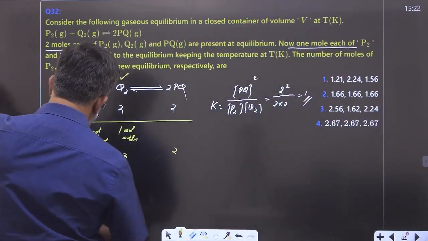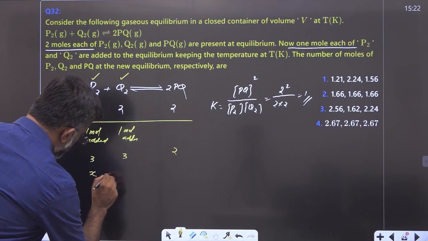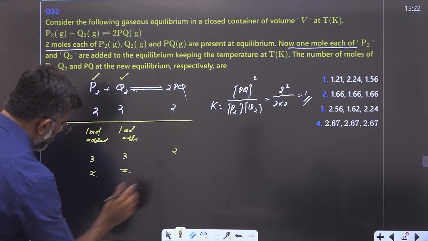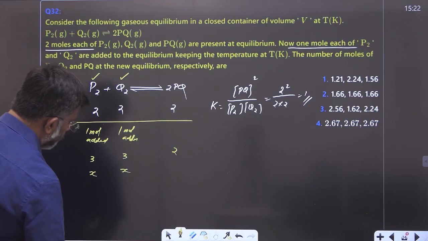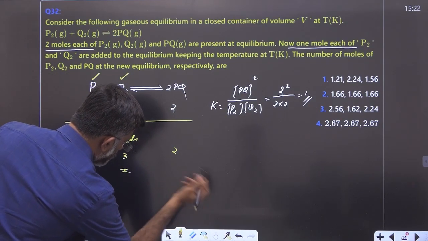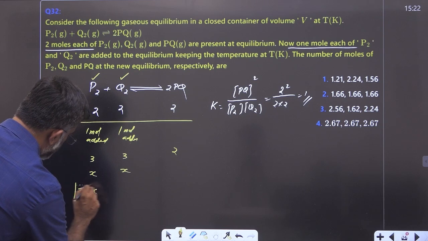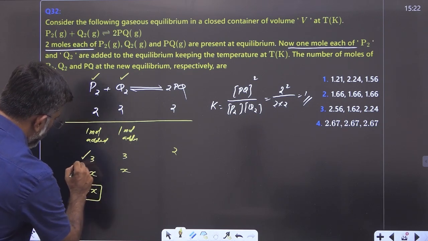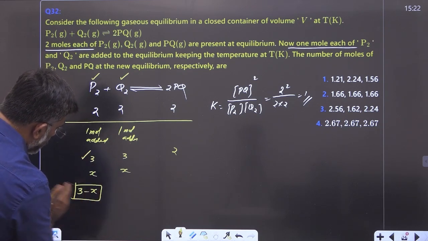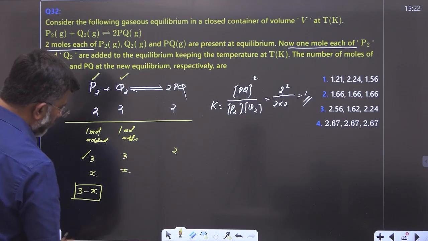Let that quantity be X. So X react, X react. Here you will get 2X. So here the quantity will be 3 minus X. 3 is available, X undergo conversion, 3 minus X at new equilibrium.